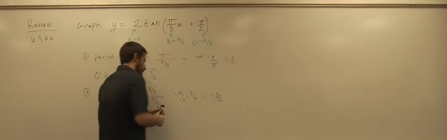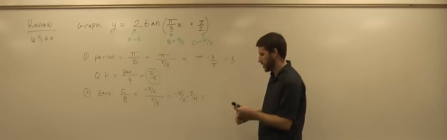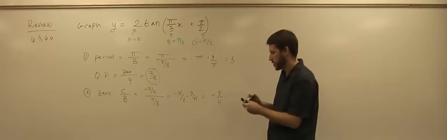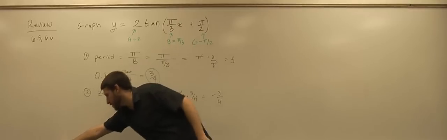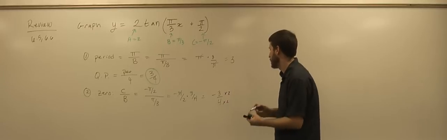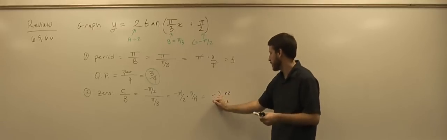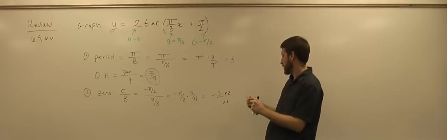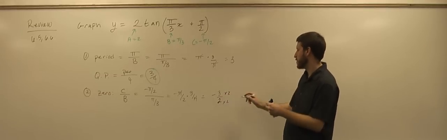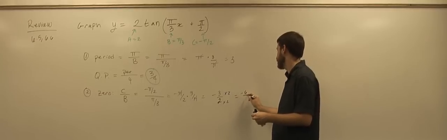Get your common denominator by multiplying top and bottom by 2. This is just to make our calculations easier as we go. That wasn't 4, that was 2. So we got negative 3/2 originally, and then I multiply by 2 over 2 to get negative 6/4.